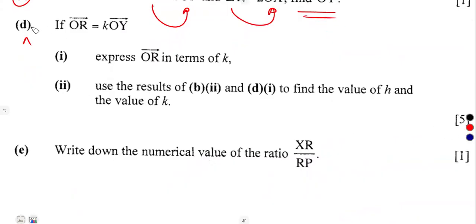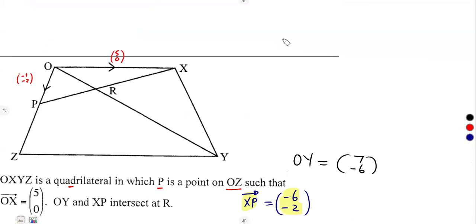All right. Anyways, let's see D. If OR is equal to k times OY, item 1, express OR. So in this case, they want us to express that OR that we are given in terms of what? k. So definitely we must include OY because that is where k is. So this one, it is just straightforward. So that's D item 1. So OR as we are given, it is k times what?